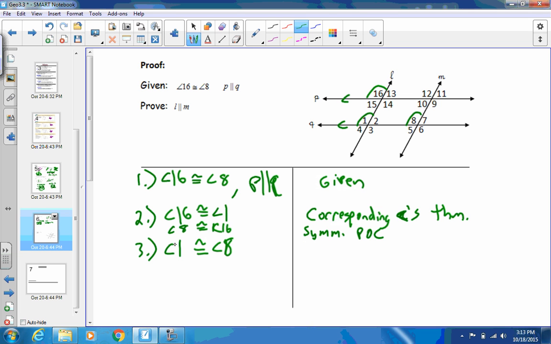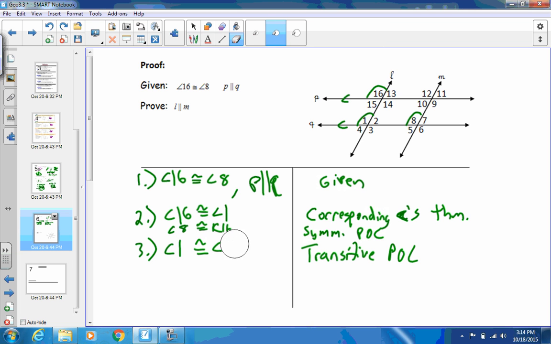If we really want to say then that angle 1 is congruent to angle 8, we'd have to use the transitive property, since we don't have substitution for congruence. We'd use the transitive property of congruence, because if we have angle 8 is congruent to angle 16 is congruent to angle 1, then we conclude that angle 8 is congruent to angle 1. So really, this should be flipped as well.